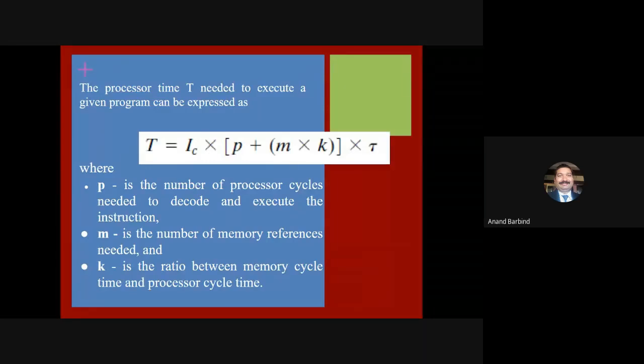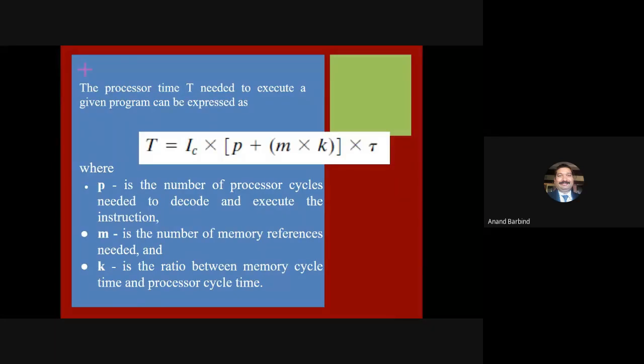Once you calculate the number of cycles, for all the instructions it is multiplied by the time period of one clock, and from that you get the total time required for execution of the program.